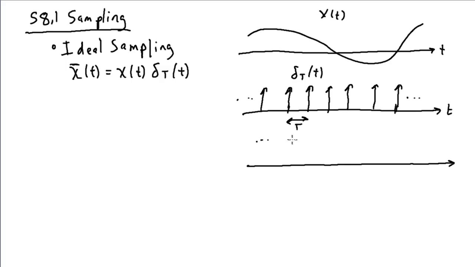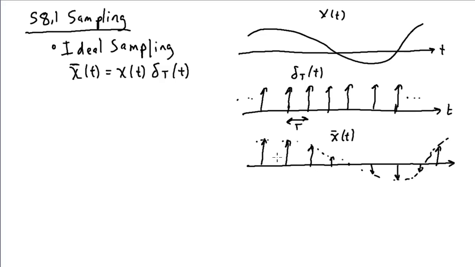I'll sketch in what x of t looks like here as a dashed line, but the result of this multiplication is actually still an impulse train, now with impulses of different heights corresponding to the different weights obtained by multiplying the impulse and x of t.